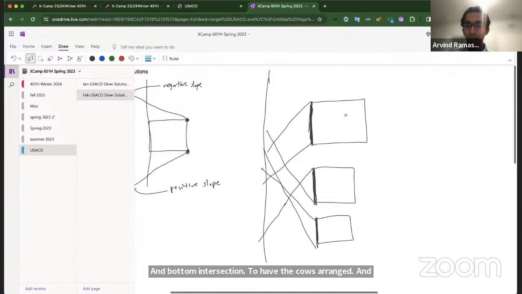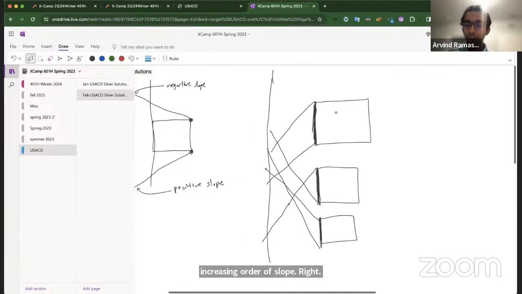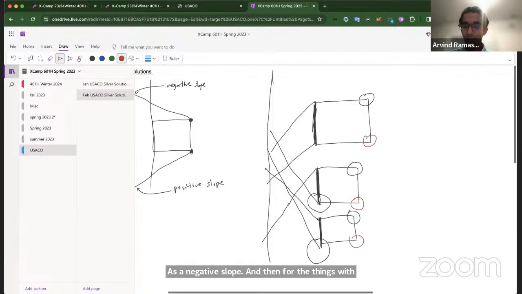You're already given the slopes beforehand, so all of these have negative slope, and some suffix of these has negative slope, and some prefix of these has positive slope.